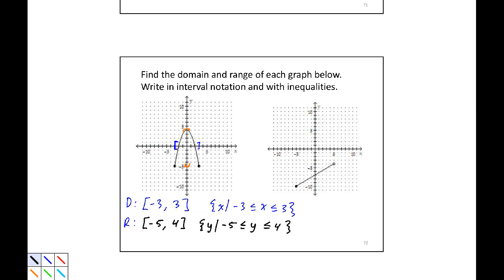Now on this second one, we do have an open dot on one end, so we will have parentheses. So our domain, on the left, the furthest left this gets appears to be minus 5, and the furthest to the right is positive 5, but it is a parenthesis because we have an open dot there.